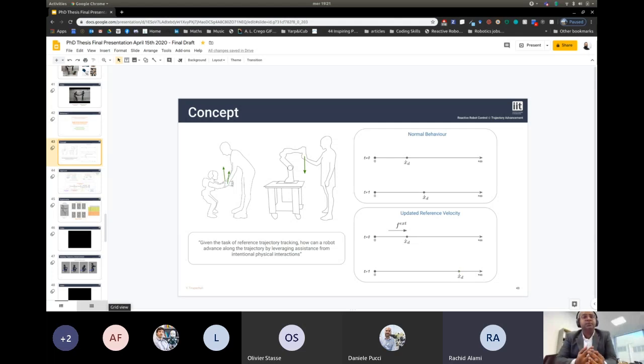But I give you another example. If the robot is confident in the human's perception, then it could accept to go fast. Yes. This is what happens to us. If you close your eyes and someone is helping you, if you trust the person, you can accept to go faster, to rely on their own perception action loop.